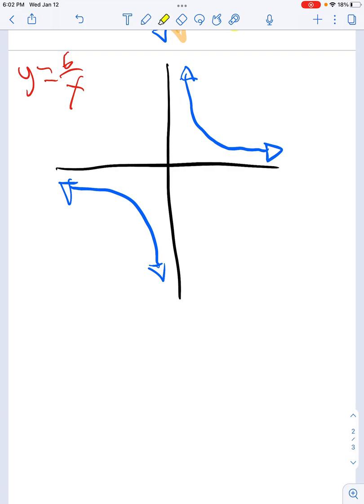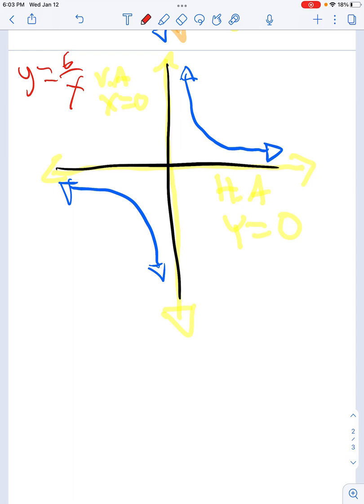If I were to find a couple points to the left and right of my asymptotes, I still have this vertical asymptote and this horizontal asymptote. The vertical asymptote is x equals 0, and my horizontal asymptote is y equals 0.